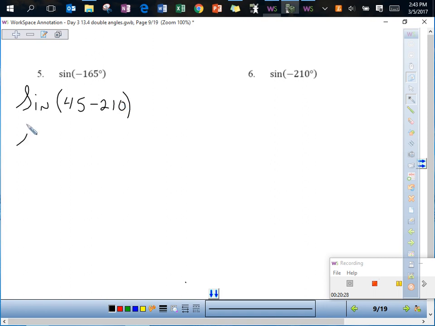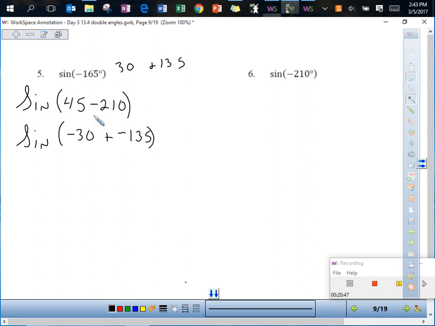You could also see, if you wanted, you could say, well, wait a minute, 30 and 135 works. Could I go negative 30 plus negative 135? You sure could.